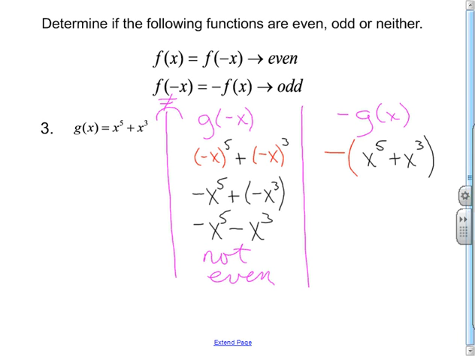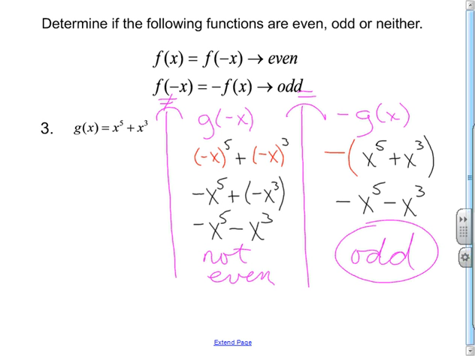So we're going to get the opposite of x to the fifth minus x to the third. And when we compare the middle column to the third column, they are equal. So this and this are equal, so it is in fact an odd function.